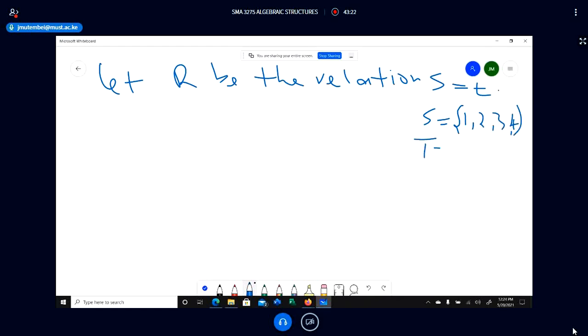T was also the same set 1, 2, 3, 4. Those are our two sets. S is equal to T. This is capital T.